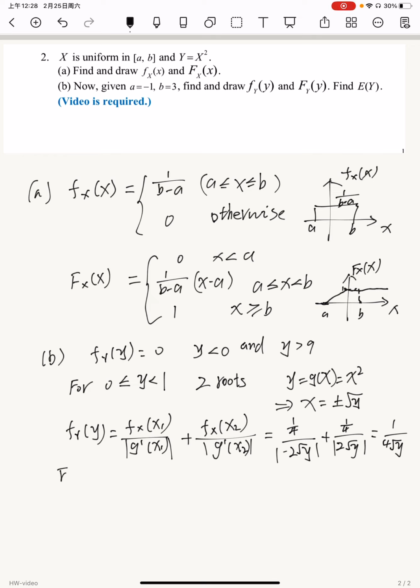And for 1 less than or equal to y less than 9, there is one root, which is f_Y equals f_X divided by |g'(x)|, and the outcome is 1 divided by 8 root y.